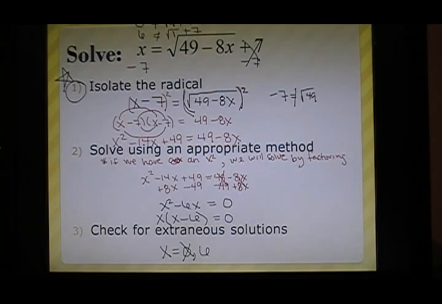Because it's false, it doesn't work in the original. It is an extraneous solution. So both of the solutions that we found were extraneous. What that means is that this equation has no solutions. Or we can say that the solution set is empty. Both are acceptable.